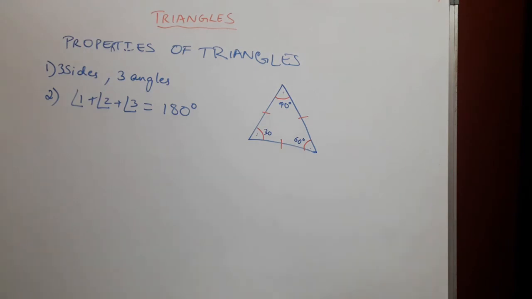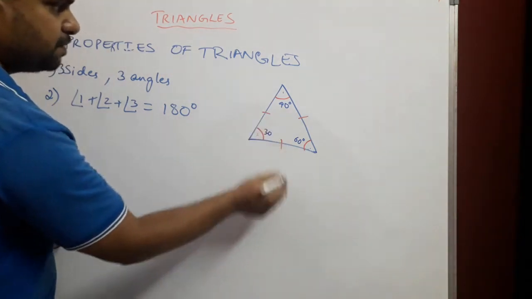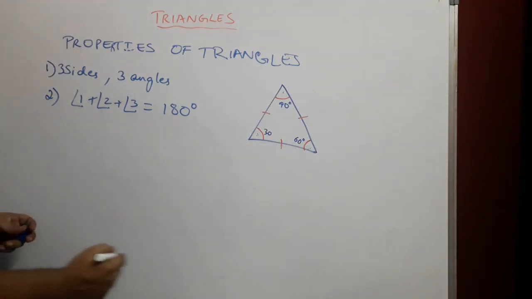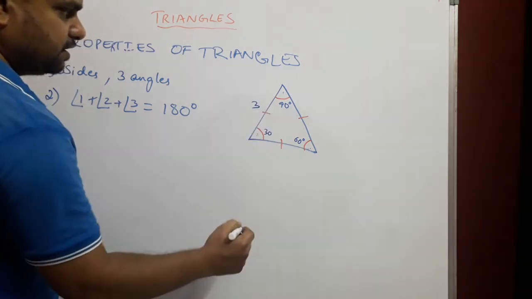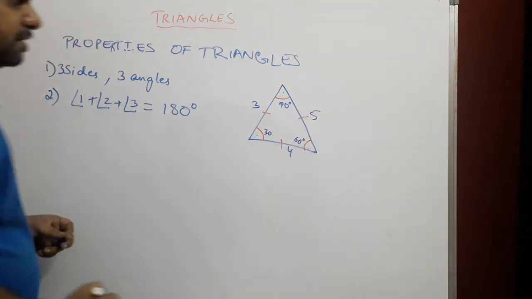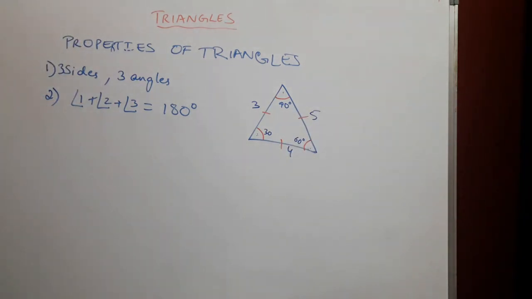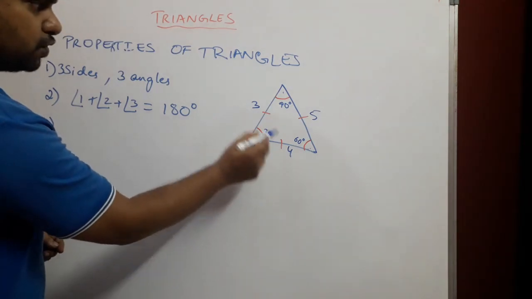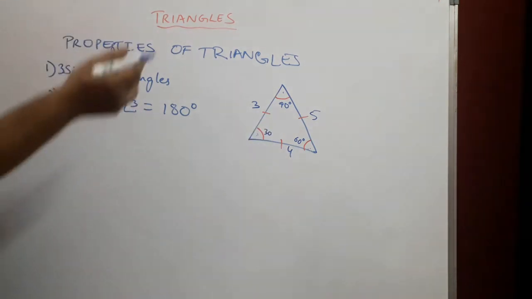Fine. The third property that we learn about a triangle is that the sum of two sides should always be greater than the third side. Let's say, for example, we'll take this triangle itself. If this is 3 centimeters, this is 4 centimeters, this is 5 centimeters. So what we are saying is the sum of any two sides is always greater than the third side.